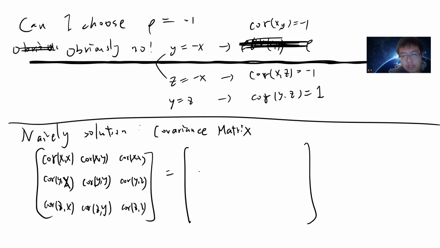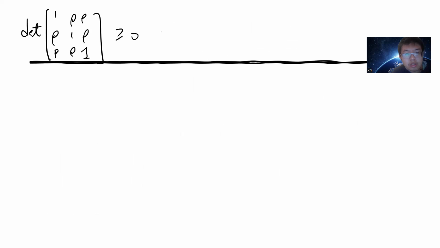If you write it down, it'll be 1, 1, 1 on the diagonal and rho elsewhere. And this matrix is positive semi-definite, so you require that all eigenvalues are non-negative. Since the product of the eigenvalues is the determinant, your goal is to bound the determinant, and then you can solve it.